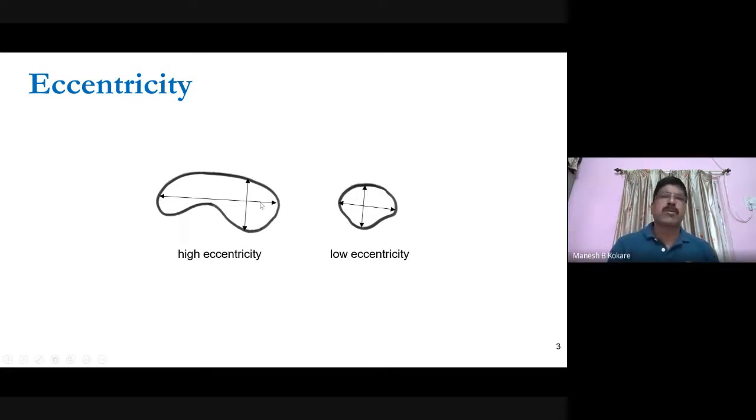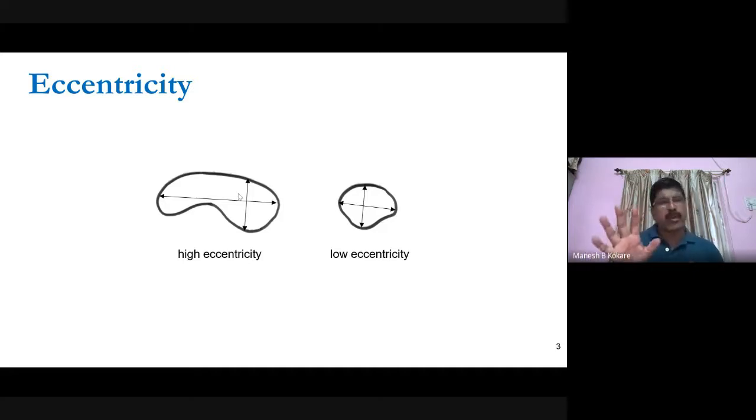For example, the object is here and you calculate the eccentricity, so you'll get some value. If the object is shifted, you'll get the same value. So eccentricity is translation invariant and rotation invariant, but it is not scale invariant. For scale invariance, you have to normalize things, and then you'll get scale invariance.